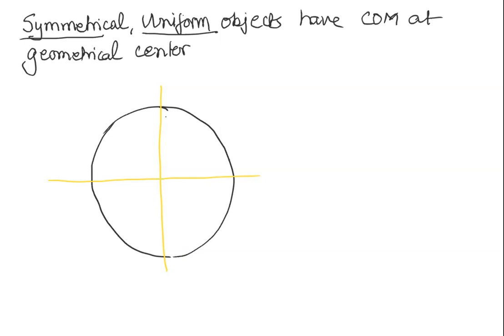So this is symmetry. Now, why am I treating this as symmetry? I'm treating this as symmetry because if this circle is made up of point particles, then there are an infinite number of these point particles.